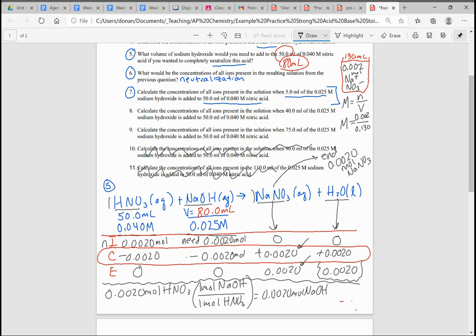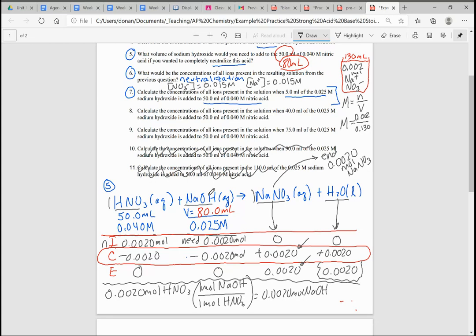And so the concentration of my sodium is going to be 0.015. So in my beaker, I'm going to have sodium ions, concentration 0.015 molarity, and nitrate ions. The concentration is going to be the same because the number of moles and the volume are the same, 0.015 molarity.